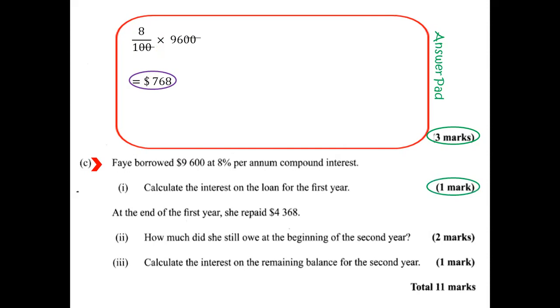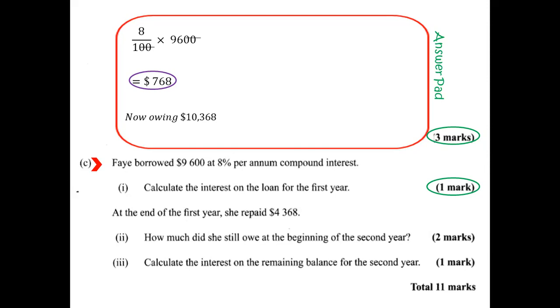All right, the other part of the question gives us some information here. They say at the end of the first year, she repaid 4,368. Now, at the end of the year, how much she's owing is the 9,600 plus the interest for that year, which is the 768, right?